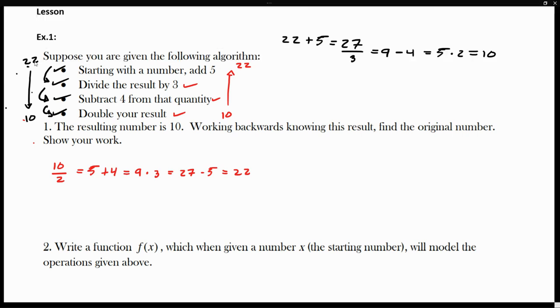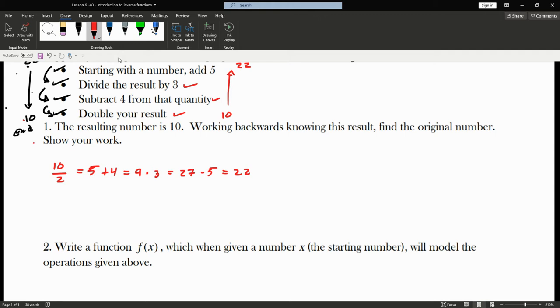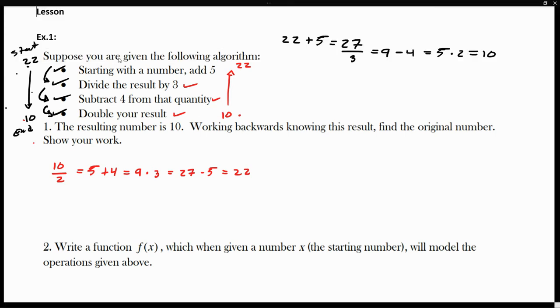This is a very good illustration of what an inverse function does. An inverse function does the opposite of what an original function did. What do we mean by that? Let's assume that this direction going forward in black was a function. In this function, we plug in 22 and end up with 10.